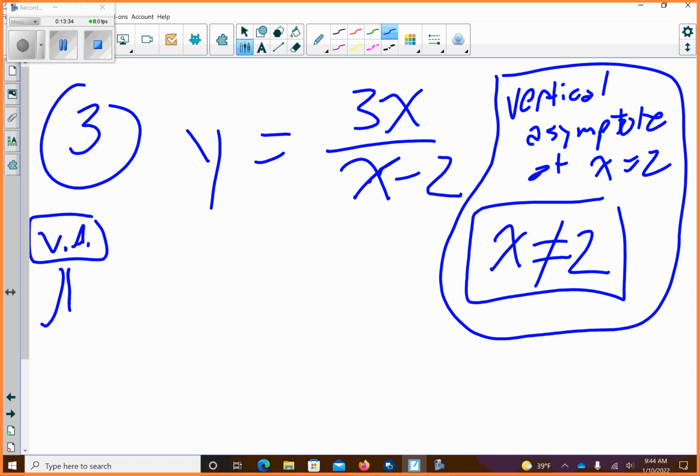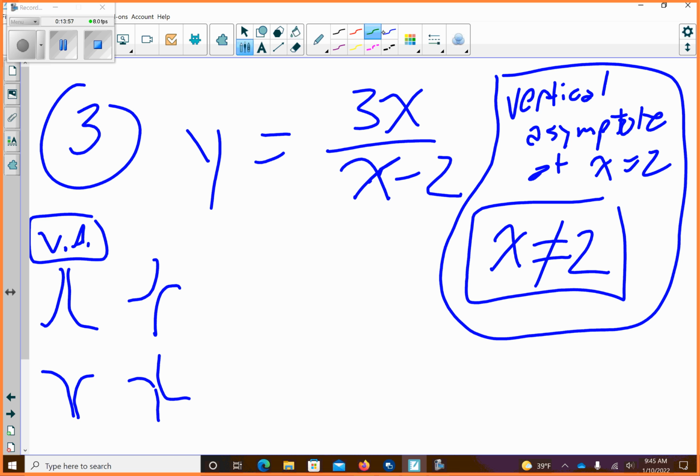It could look like this. It could look like this. It could look like this. Or it could look like this. Those are all what vertical asymptotes are going to look like. So just some ideas when you look at it. Those do exist.